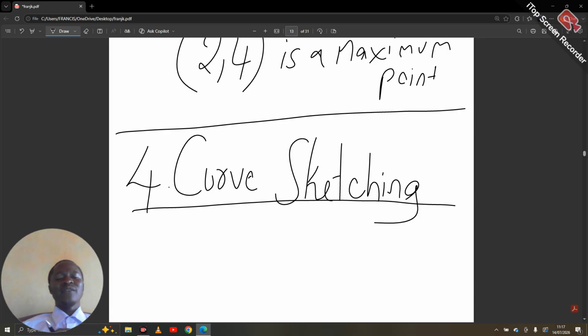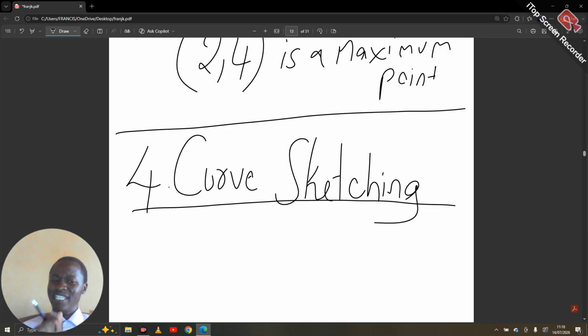It will be very difficult for an examiner to set a question under direct or express stationary point, whereby after having your dy over dx, you are only getting a natural number. And remember, in those type of questions, they only have 1 point. And it is very difficult to determine the curve, how it has appeared.